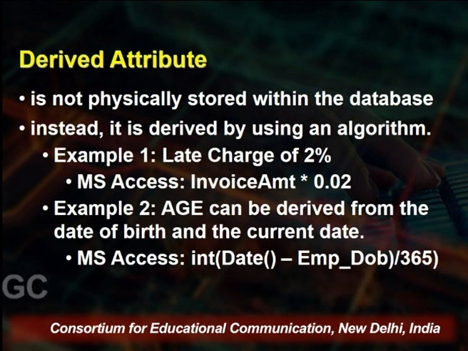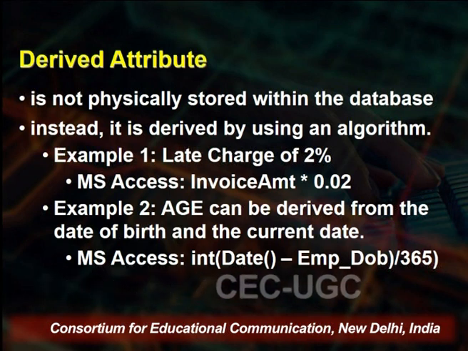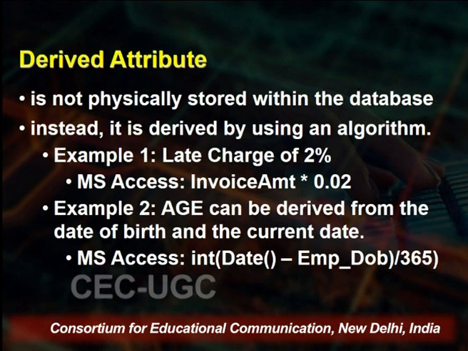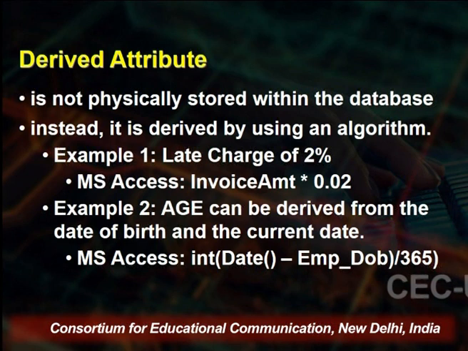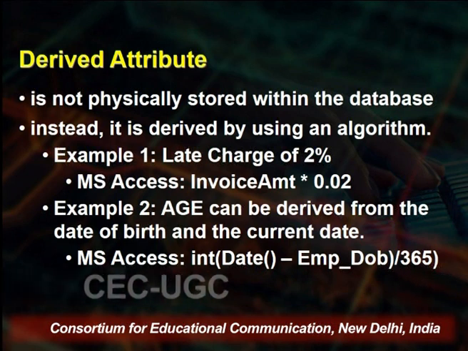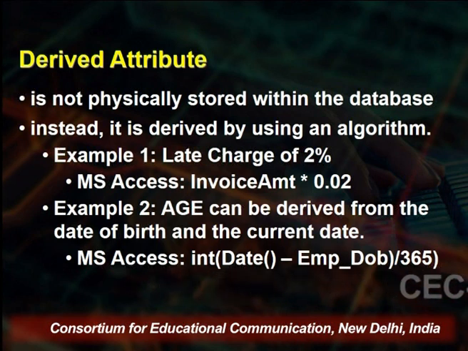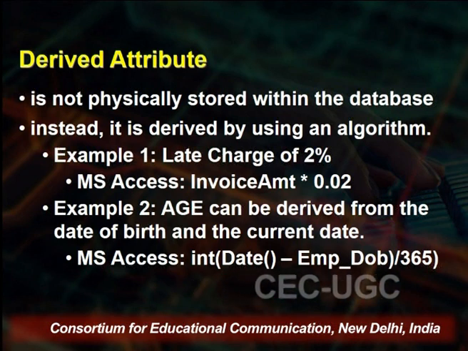So age can be either asked from the user. If not asked, it can be derived if you have the date of birth of the employee. And current date of course is available. So with a simple calculation we can have this. Or another example of a derived attribute is, let's say we are going to charge a penalty, or give a late surcharge of, let's say, 2% on some particular commodity, or to some particular client.